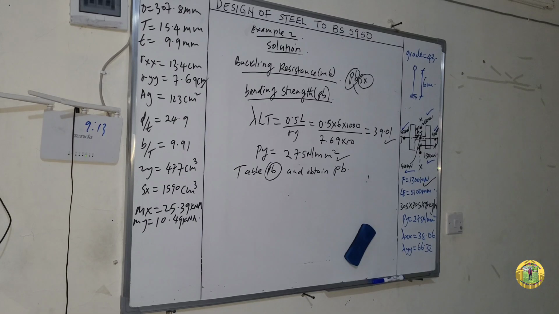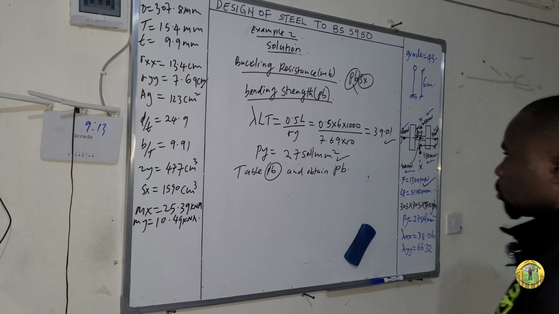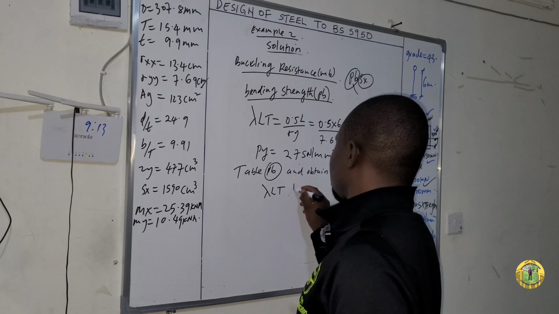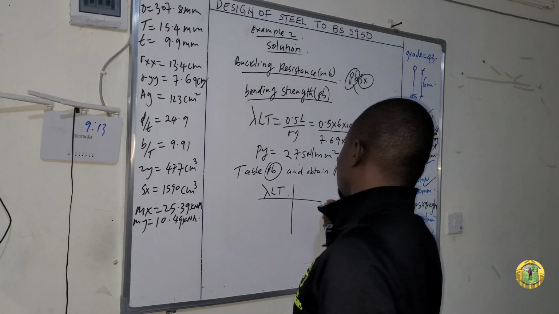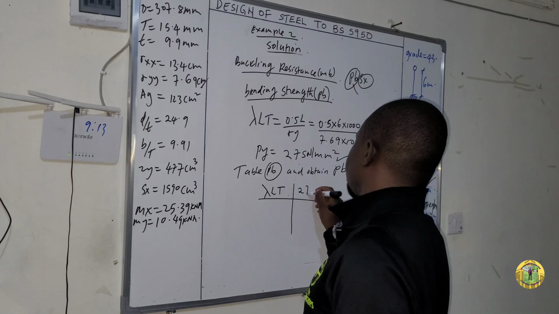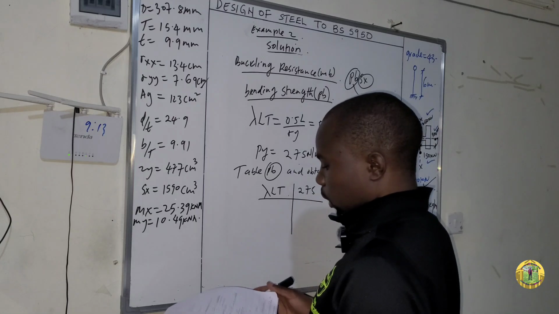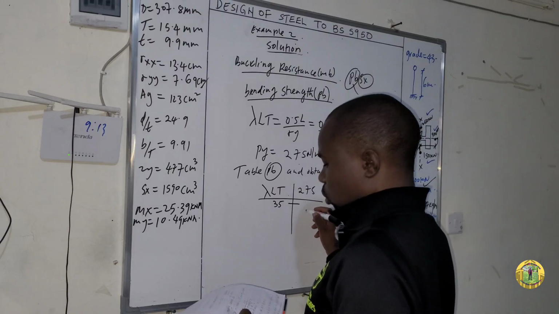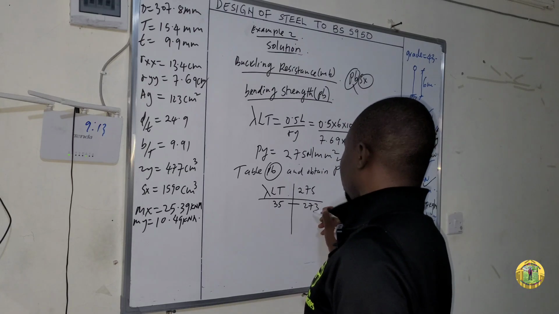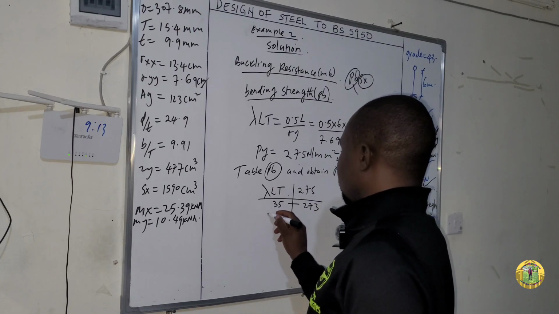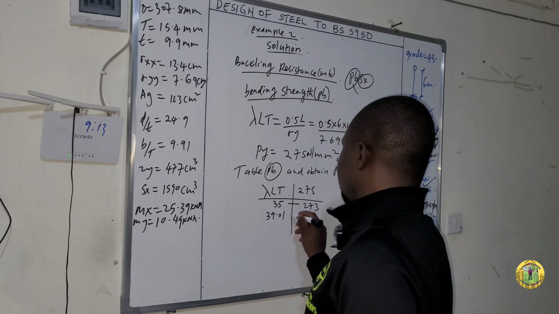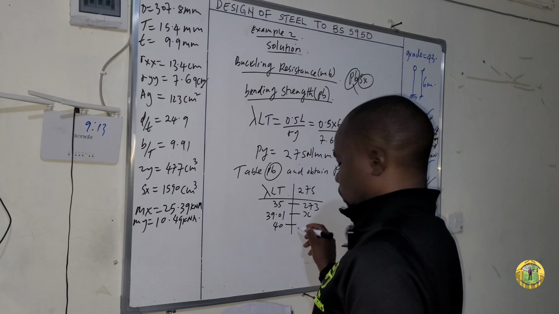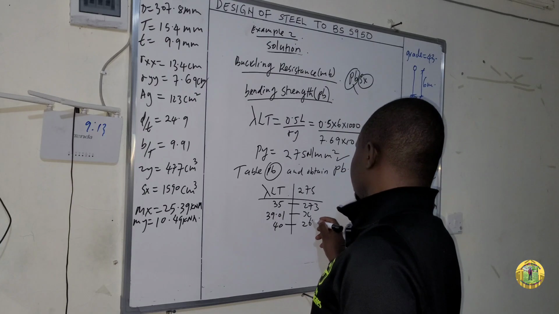So we have 275. So we have 35 corresponding to 273, and then 39.01 x, and then 40, 262.